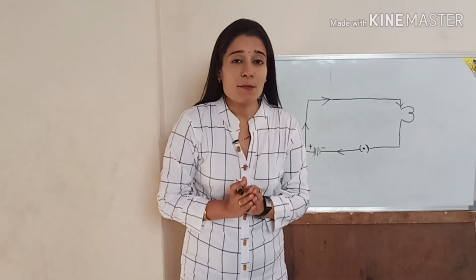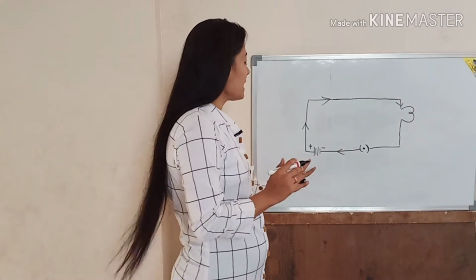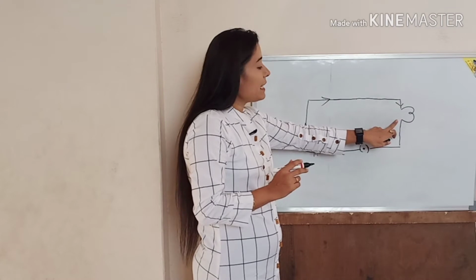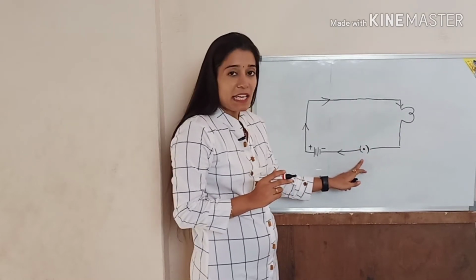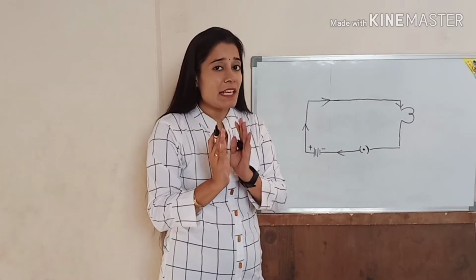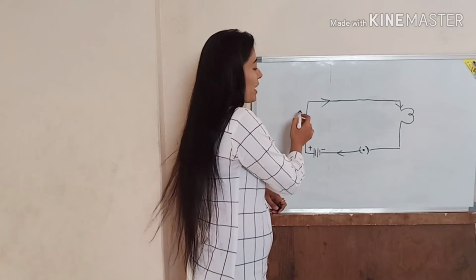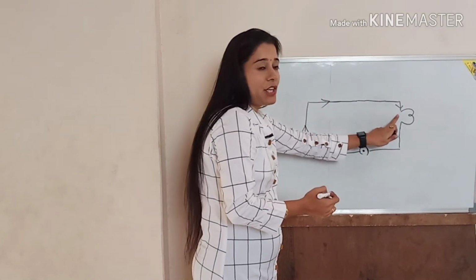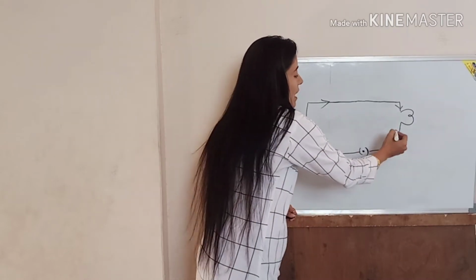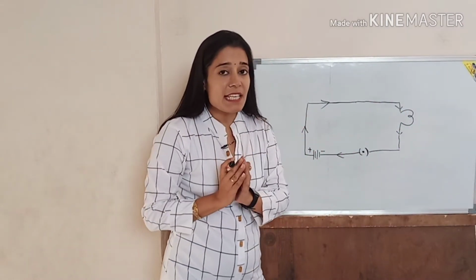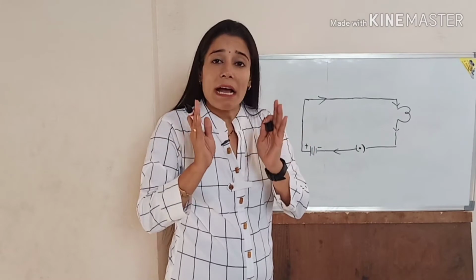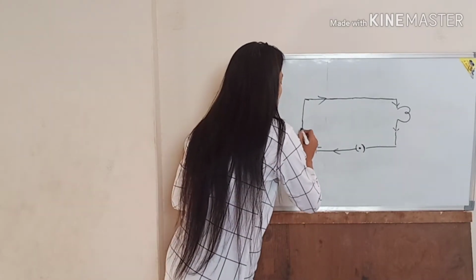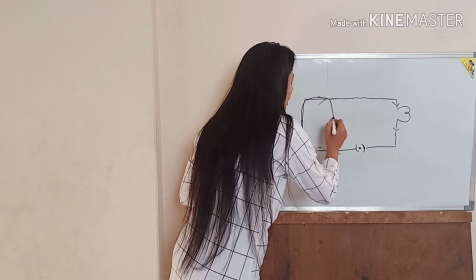In our previous experiment, we had made a circuit in which a battery was there and a bulb was connected to this circuit with a key.